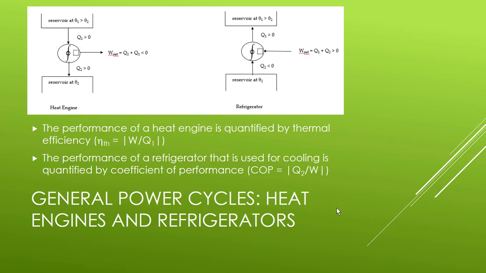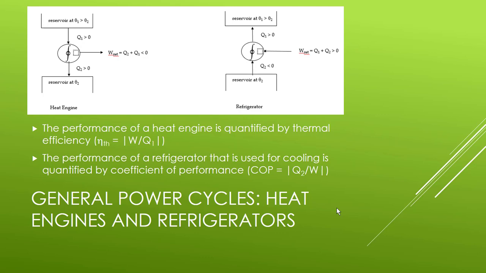For a refrigerator that's being used to cool something already at the lower temperature, we use coefficient of performance. And we're going to take the heat being taken out of that cooler substance, Q2, and divide it by the work required to make this cycle operate.